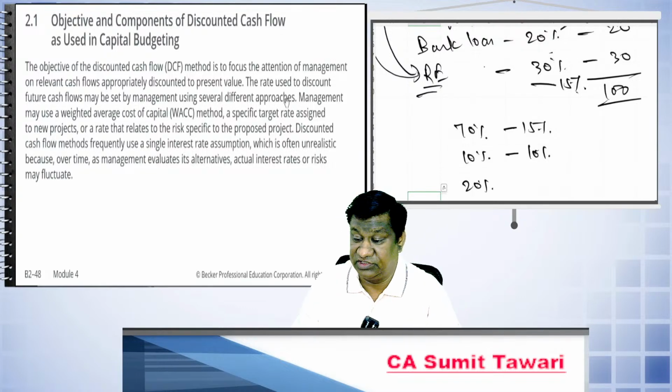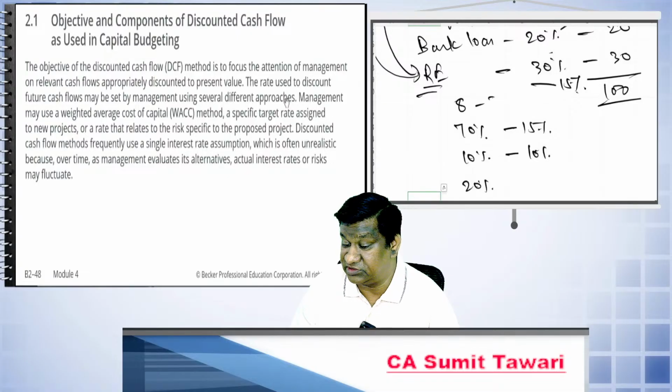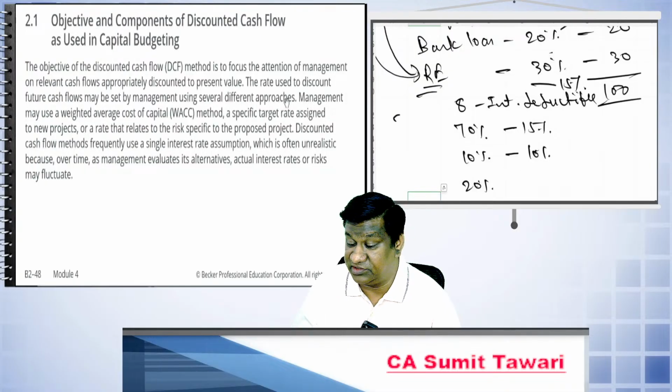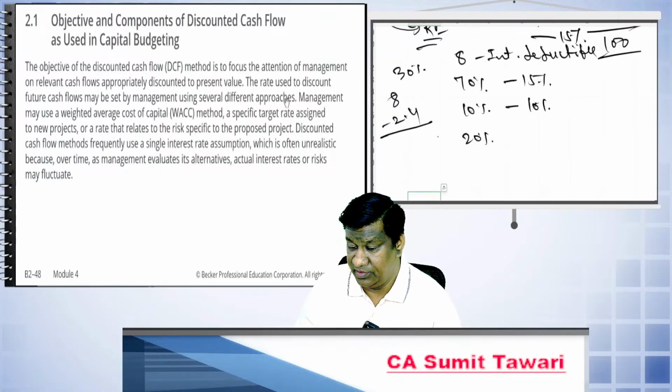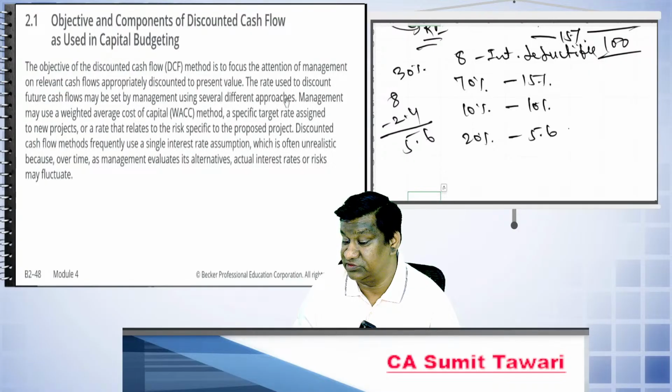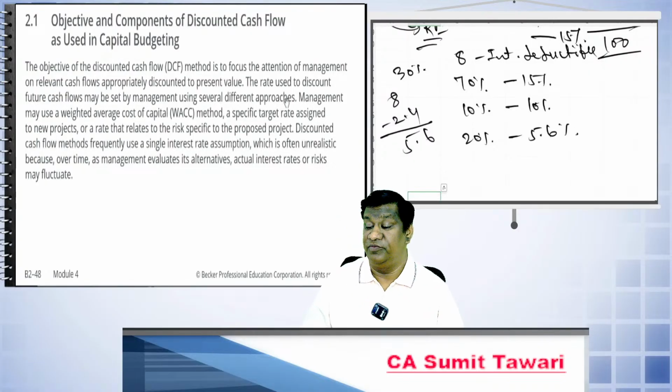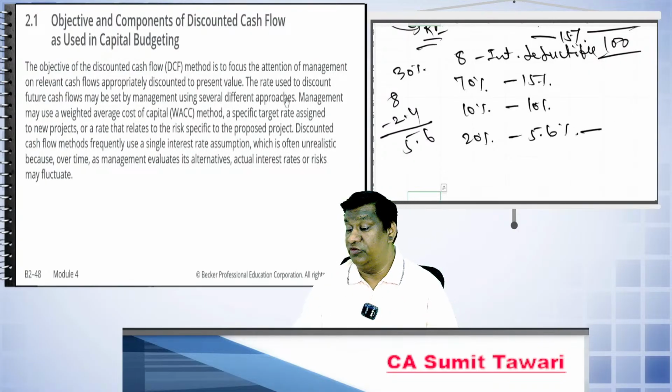But I need to consider that interest is tax deductible. If the tax rate is 30%, that means 8 minus 2.4, which is how much? 5.6%. So it is 5.6%. Are you able to understand? Debt is always tax deductible.